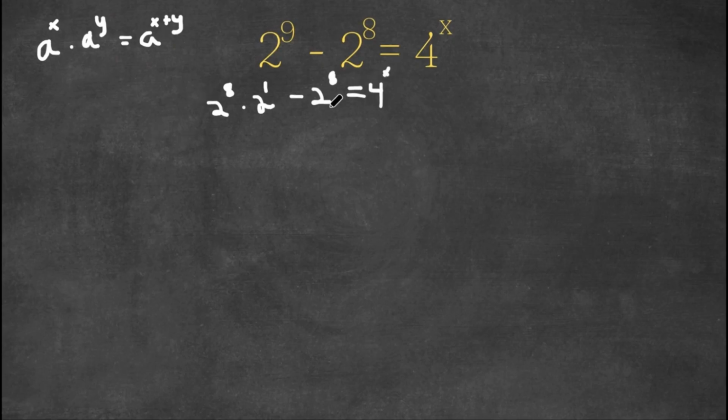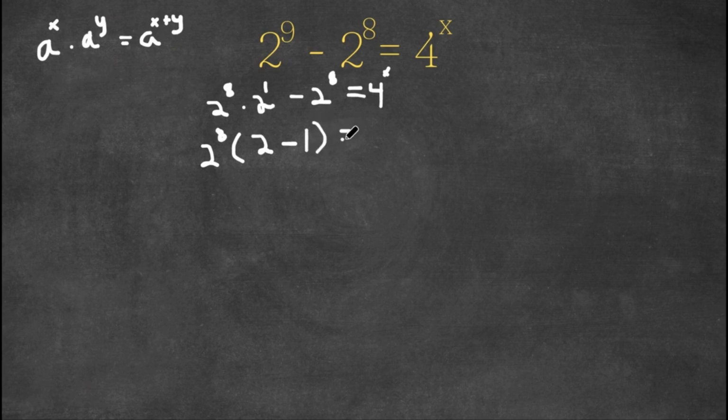Now, since we have two terms with 2 to the power of 8, I'm going to factor 2 to the 8 out of this expression. So now 2 to the power of 8 times, if we take out 2 to the power of 8 from 2 to the power of 8 times 2 to the power of 1, we're simply left with 2 to the power of 1, which is the same thing as 2, and minus 2 to the power of 8 divided by 2 to the power of 8 is 1.